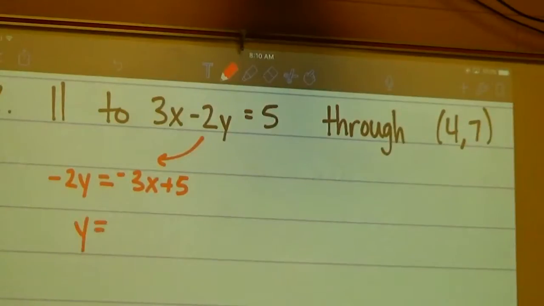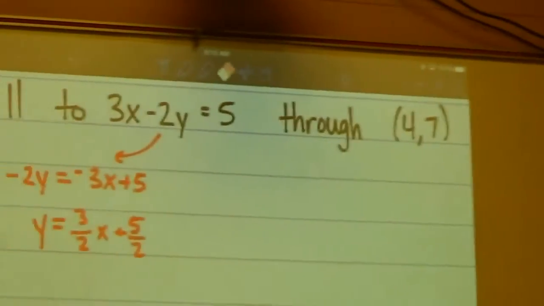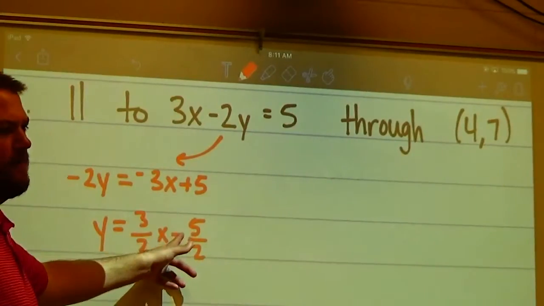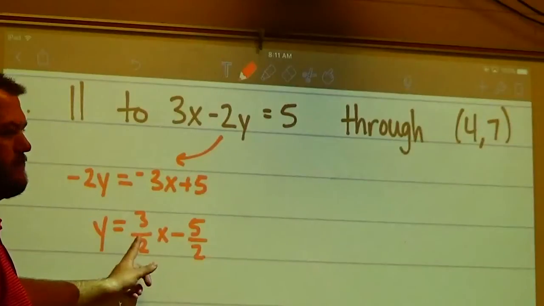So y would equal 3 halves x minus 5 halves. In all reality, does this really matter though? No. We really just want the slope.